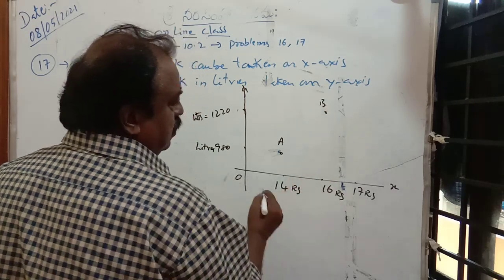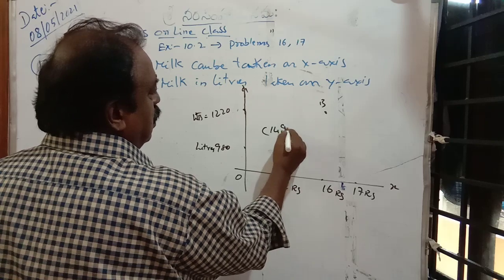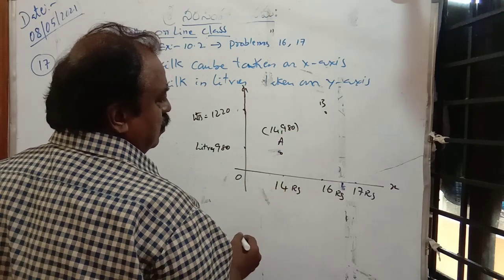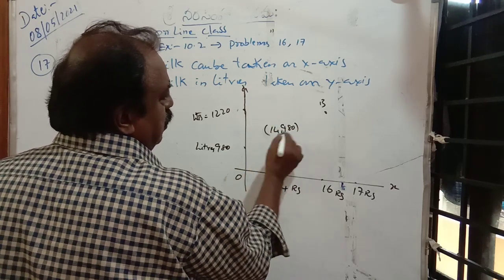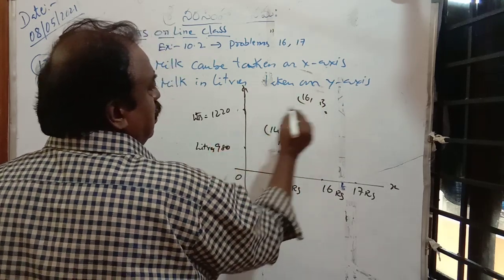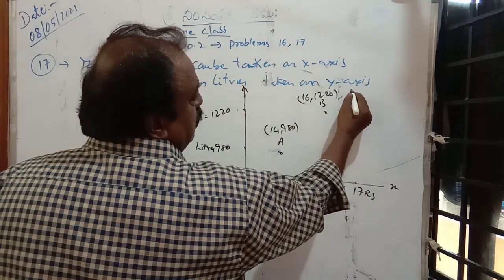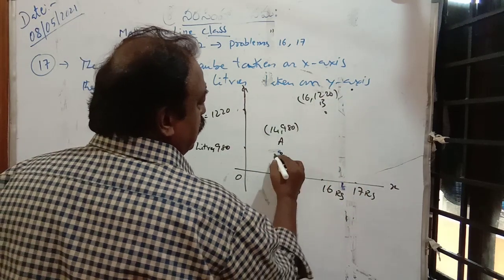A point is 14, 980. B point is 16, 1,220. And we have to find this 17.